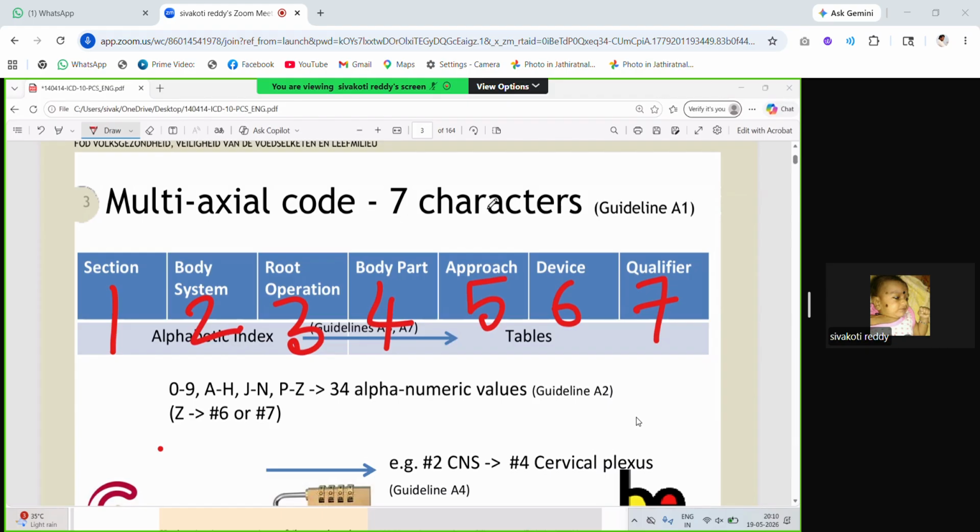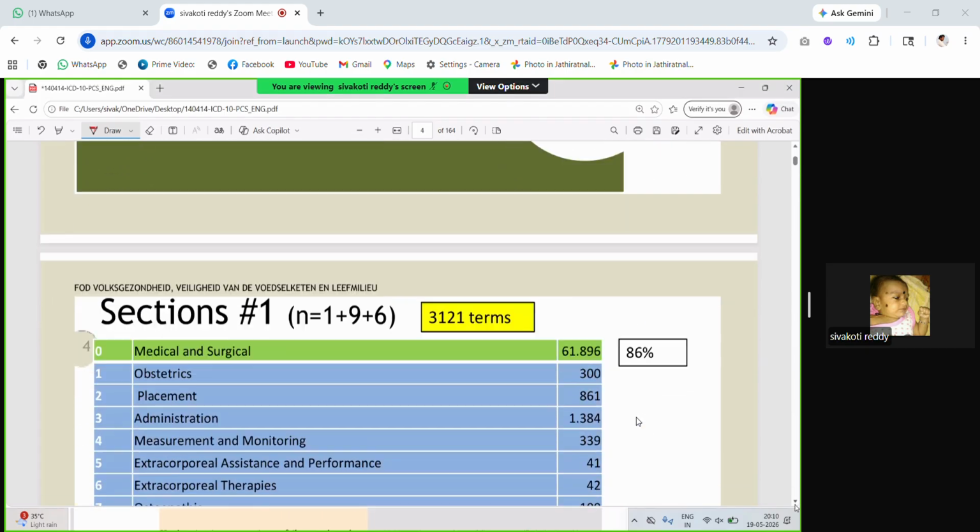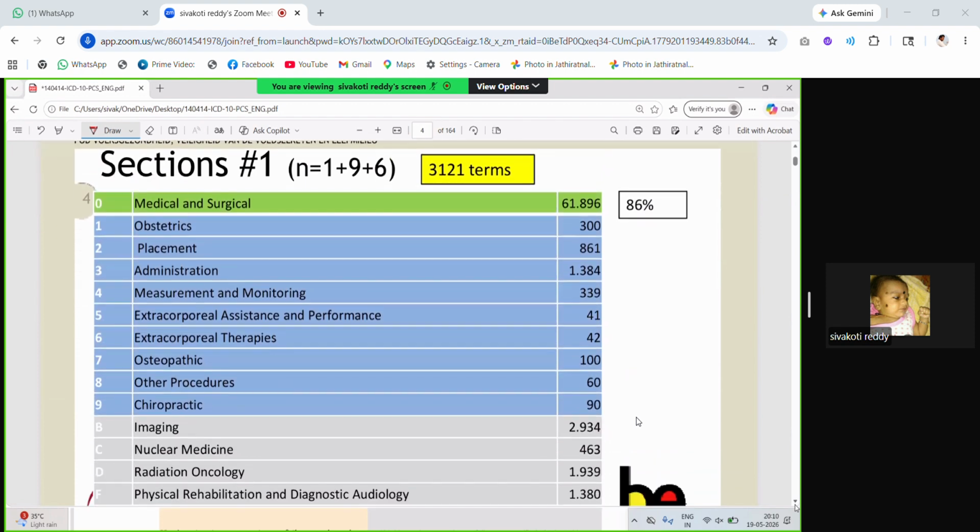The first character is section. Section represents the general type of procedure. What type of procedure they are performing is represented by the section.